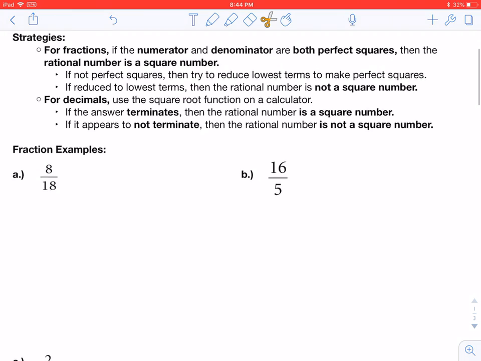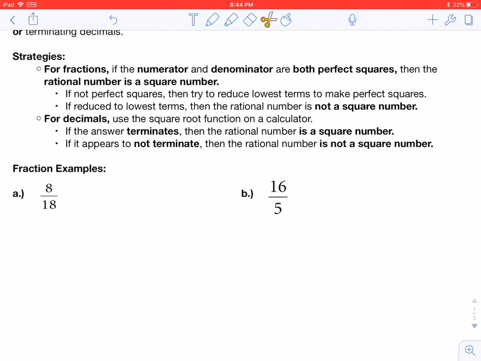So here are some strategies for figuring out whether or not a rational number is a perfect square. So for fractions, all you need to do is look at the numerator and the denominator, and if both are perfect squares, then the rational number is a perfect square, or it's a square number.